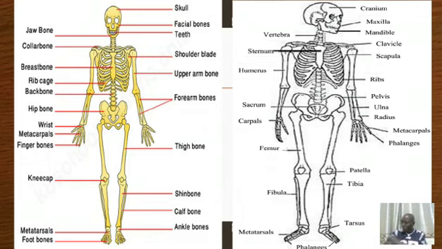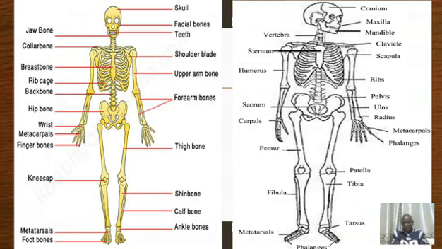Then when you come to the forelimbs, there is one bone here which we are calling the humerus. From the humerus there are two bones, one called the radius, another one called the ulna. This is the forearm, and this is the upper arm.